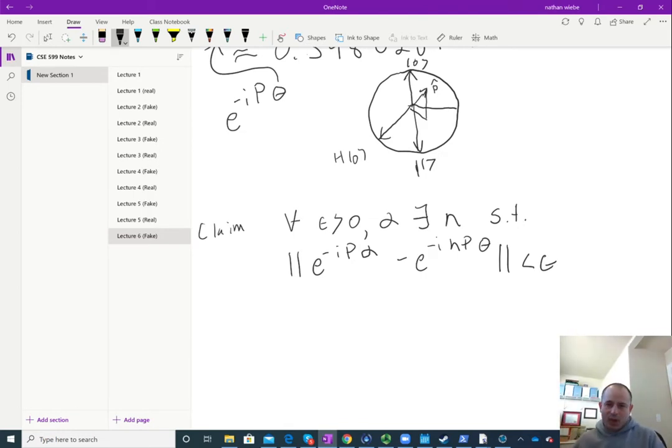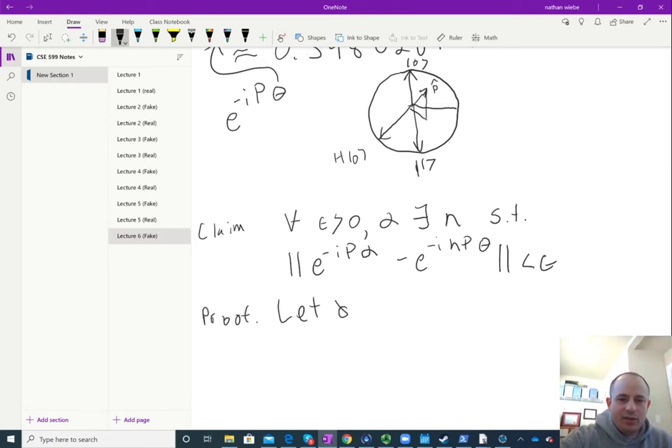Basically what I'm trying to say is that if we repeat this irrational rotation enough times, we can closely approximate any rotation that we end up feeling like. Okay, great. So how do we end up doing this? First is, okay, proof.